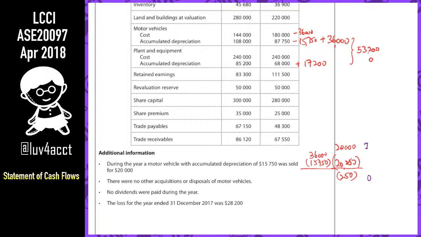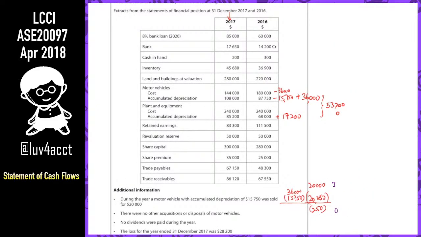No dividend paid. And then the loss for the year 28200. Loss for the year. So bank loan, we have borrowed more, financing positive.